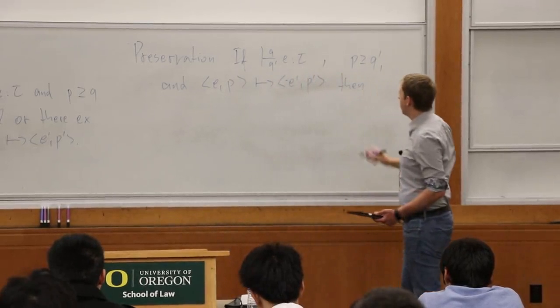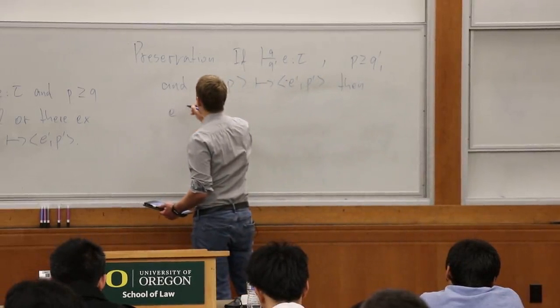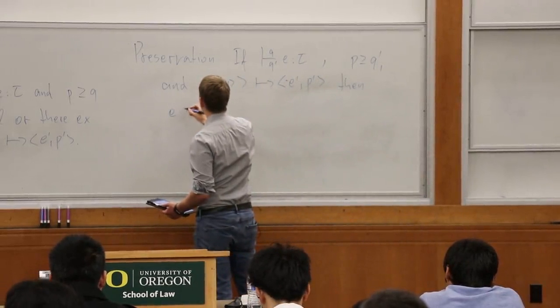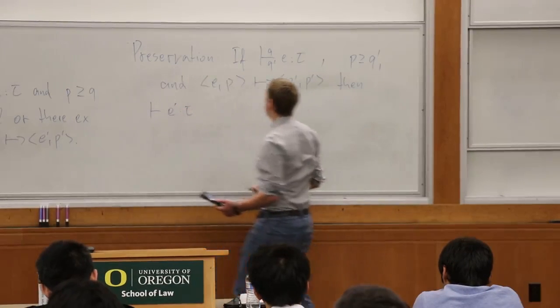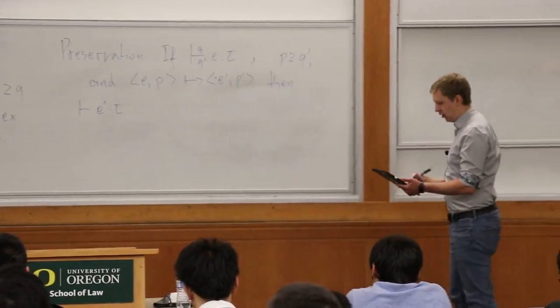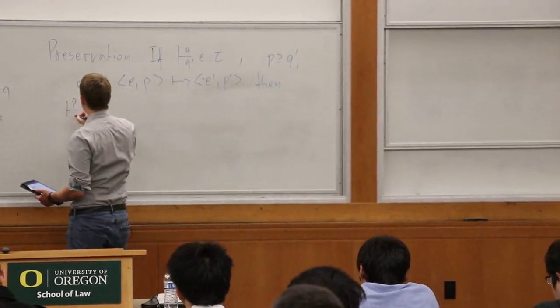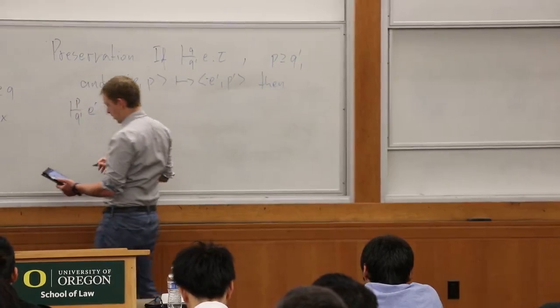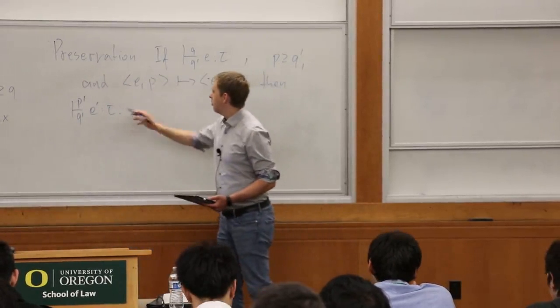Then we want that the E prime is well typed, so it should also have type tau. And what are the things I have to put here? So this is a P prime and Q prime.